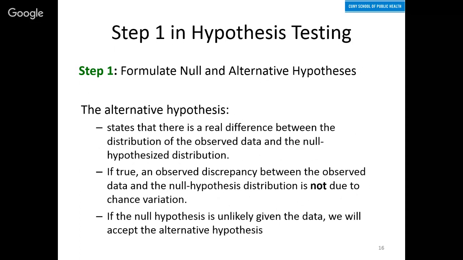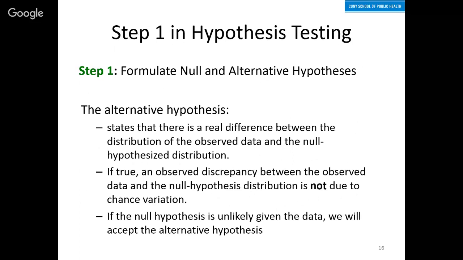And then the alternative hypothesis includes everything that is not included in your null hypothesis. And it states that there is a difference between your observed population and the null hypothesized population.